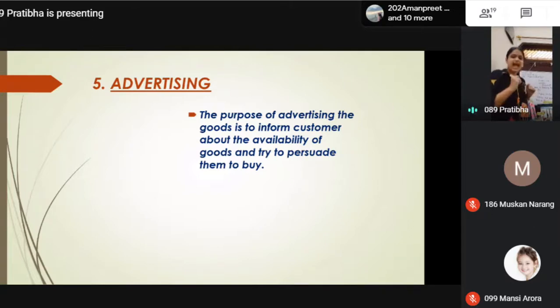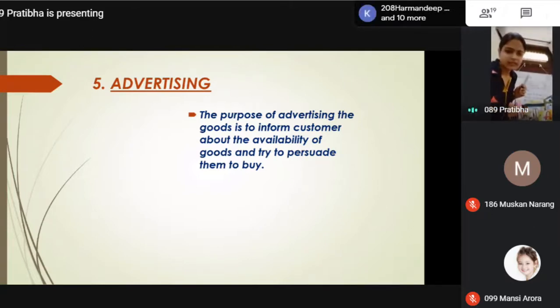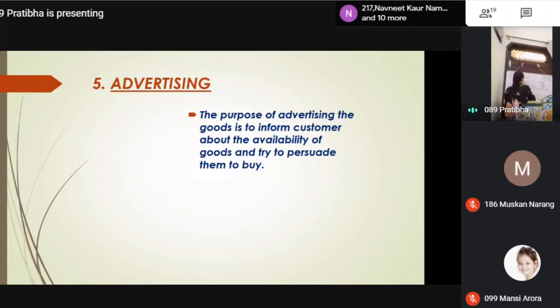This facility helps in removing the hindrance of knowledge.